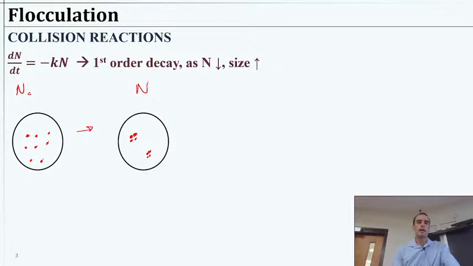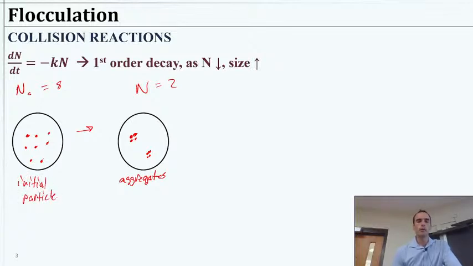So the initial was 8 particles per some volume, and the final in this case would be 2 per some volume. So we can look at that and say, well, there's 4 particles in each of the new aggregates, if these are aggregated particles. And these ones are the initial particles.